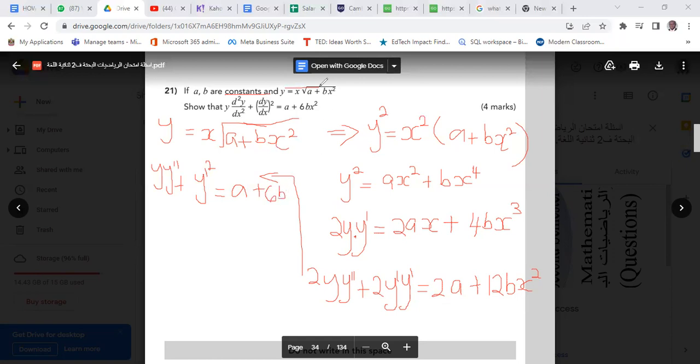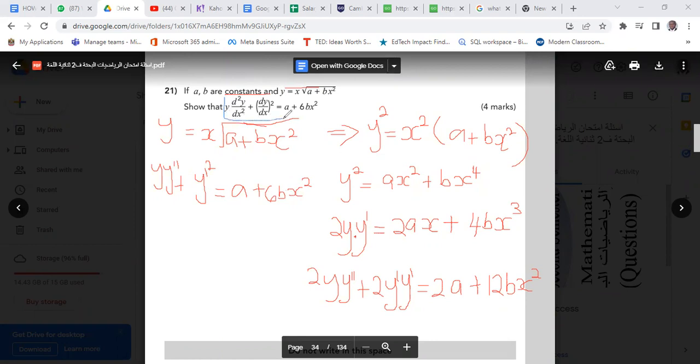A plus 6bx squared. Okay, I will have to remove this arrow so I can write easily. Oh my God, it's getting so interesting. A plus 6bx squared. I hope you're enjoying it. Fantastic. So now let's make a comparison. Look at this here. Let me use a different color. I hope you like blue color. So look at this.